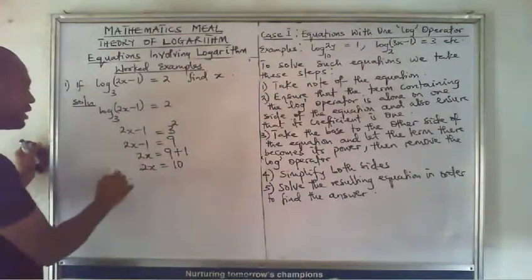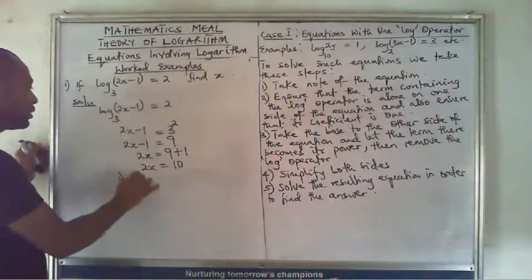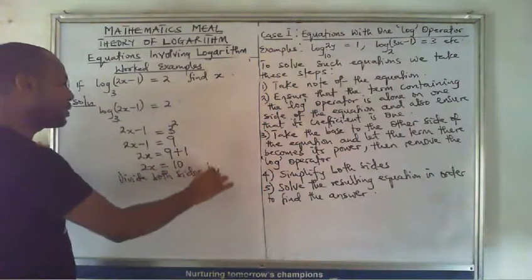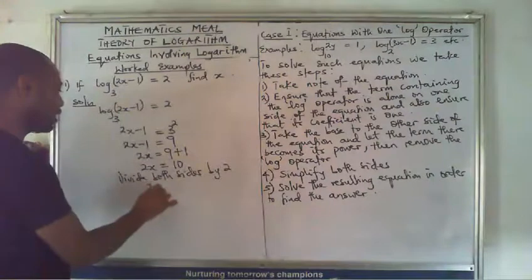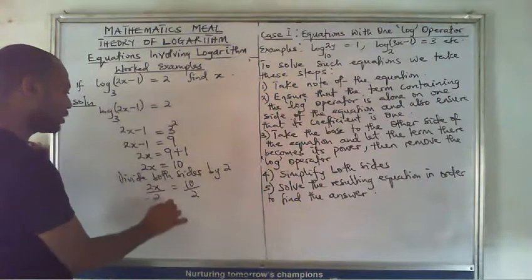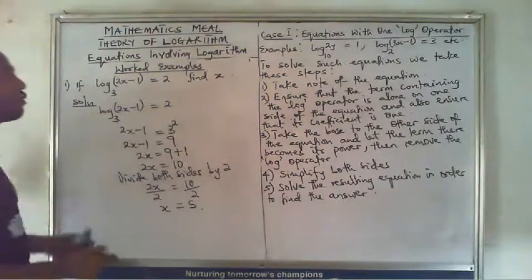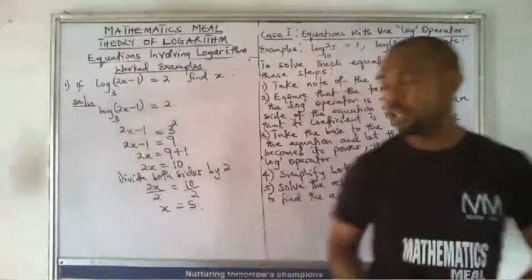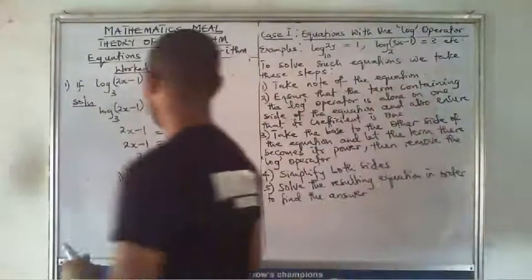So to get x now, divide both sides by what? By 2. So we have 2x over 2 equals 10 over 2. That will give us x equals what? 5. Beautiful. Very beautiful.